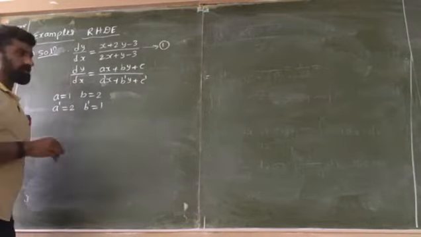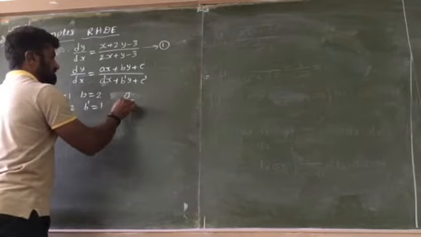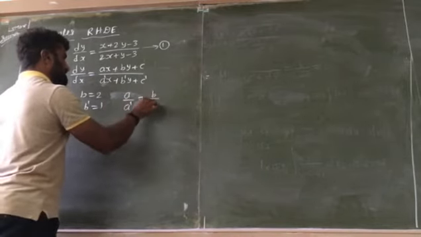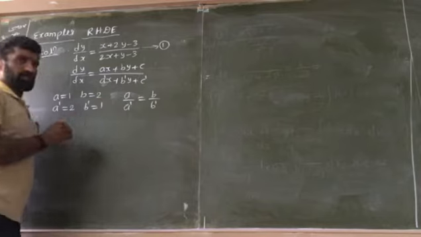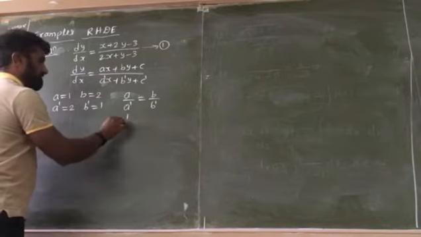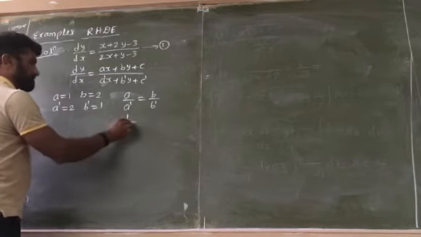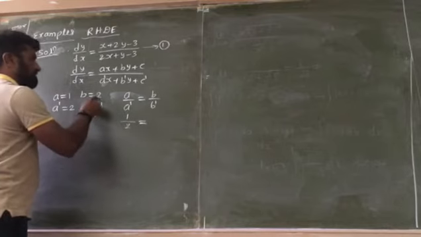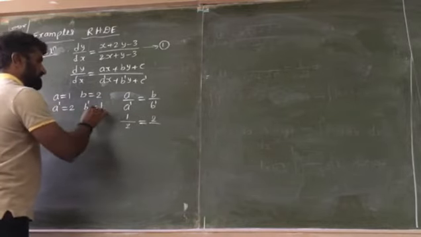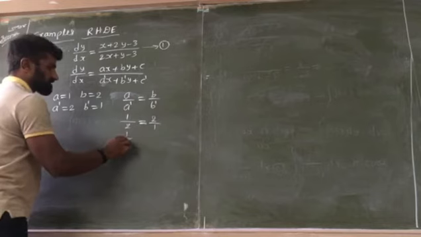Check whether a by a' is equal to b by b'. a is 1 divided by a' is 2, and b is 2 divided by b' is 1.